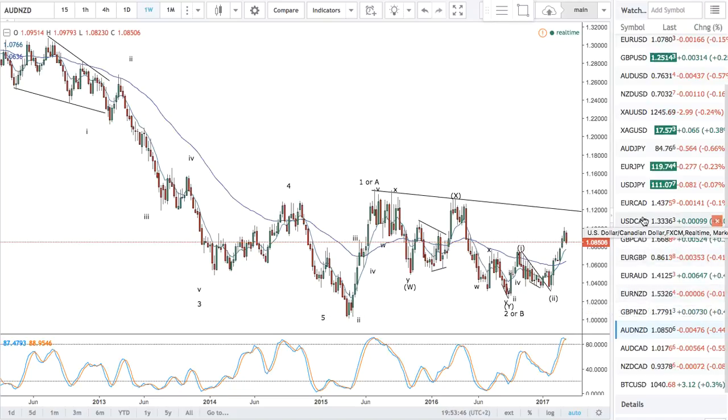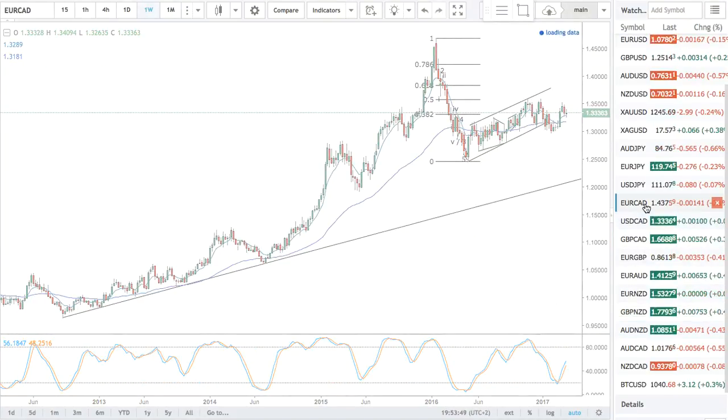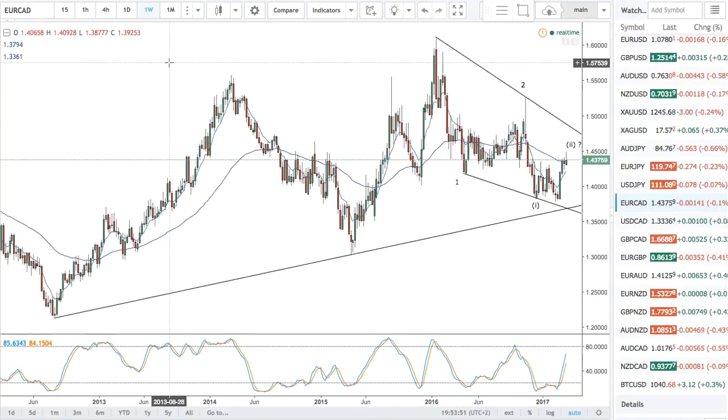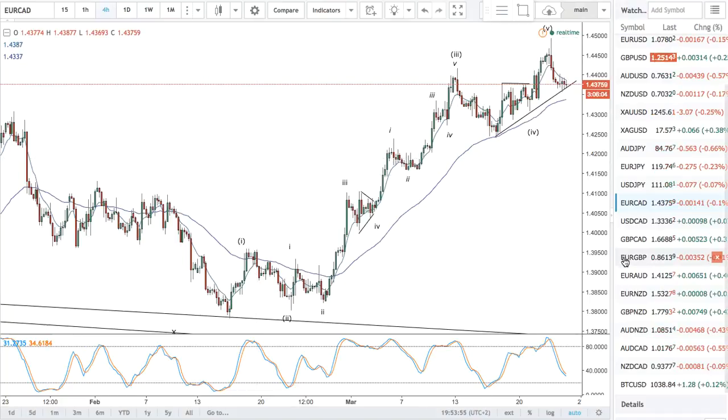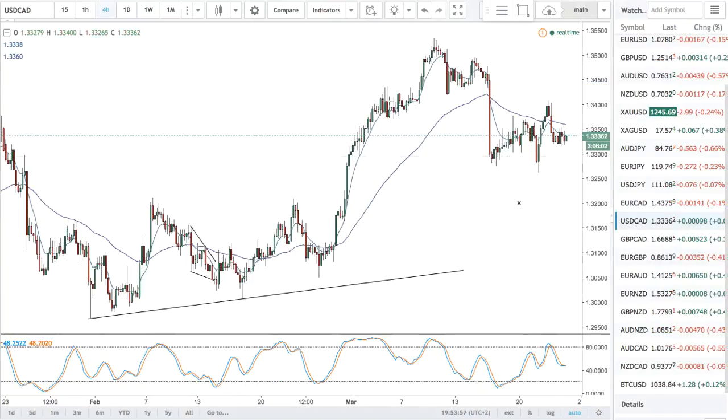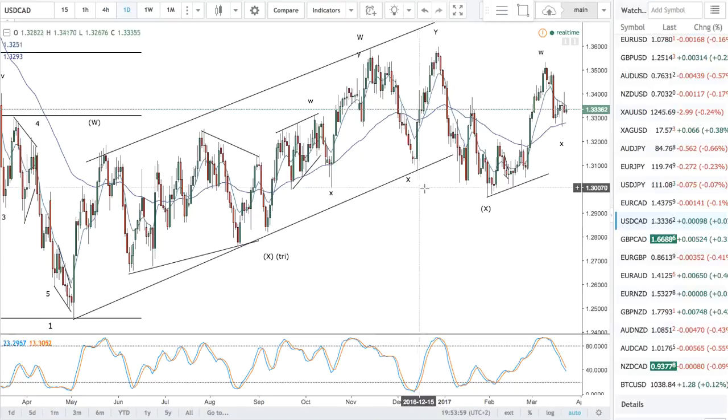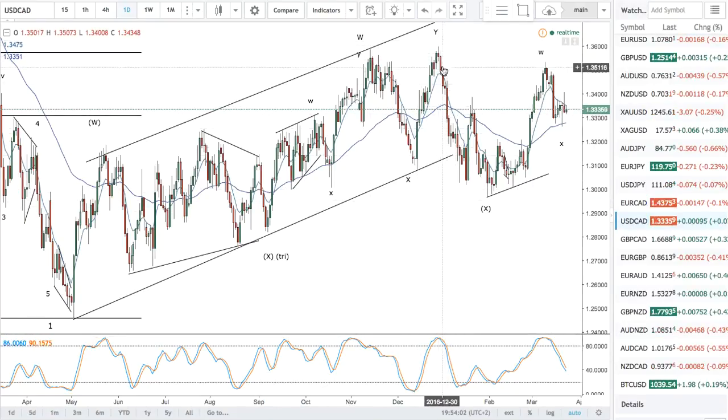But with current placement, when price is not impulsing, then multiple views open. And here we have US Canadian not impulsing, it's been correcting. Now, the question is, is it correcting this?